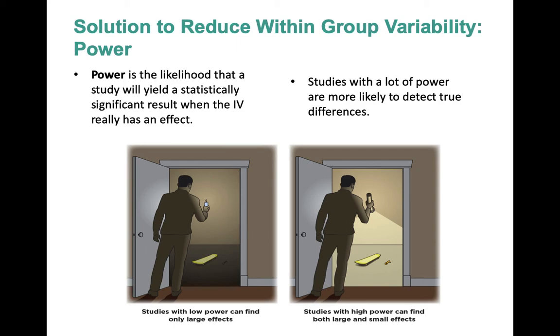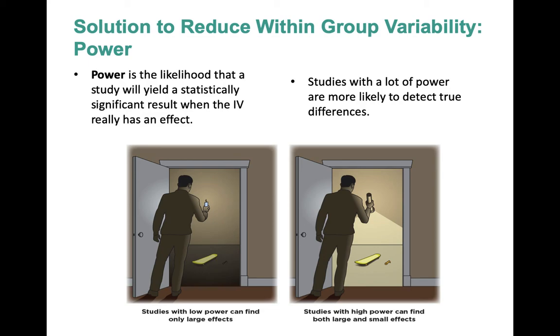So the metaphor here is being able to find something by candlelight in this image versus being able to find something when we've got a strong flashlight. So statistical power is enhanced by having that strong light, that flashlight.